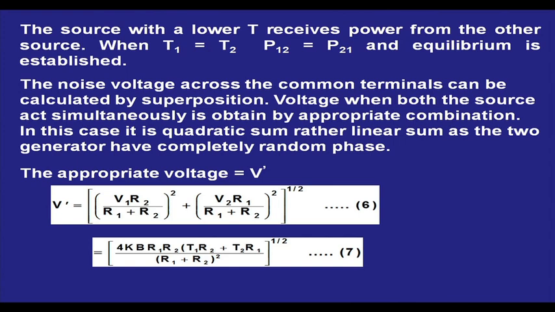Then how do you obtain the appropriate combination? In this case it should be a quadratic sum rather than a linear sum, because the two generated sources are completely in random phase. So I do not know whether it will be a linear superposition. Instead of the linear superposition, the effective voltage I can get by quadratic superposition. So the squares of the voltages will be added up.